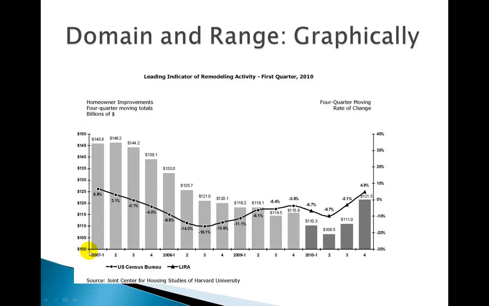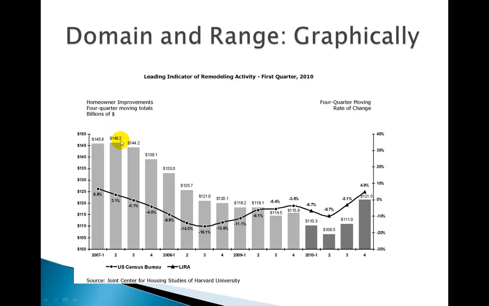For this situation, even though the axis goes from 100 billion to 150 billion, that's not the range. The range is not the vertical tick marks that we use to make the graph. The range is basically the lowest Y value here at $106.5 billion all the way up to the largest, which is 146.2.